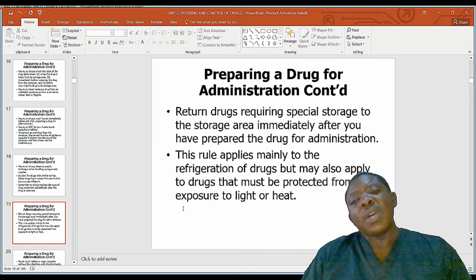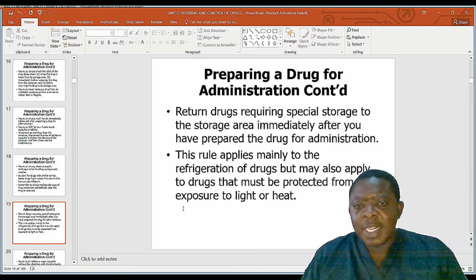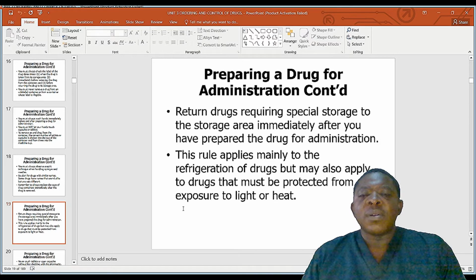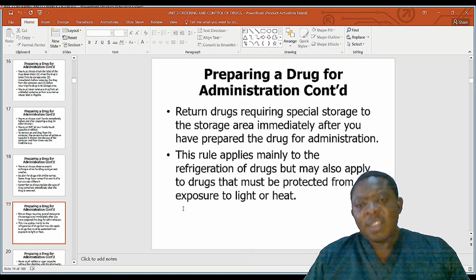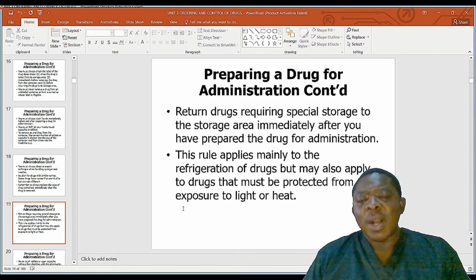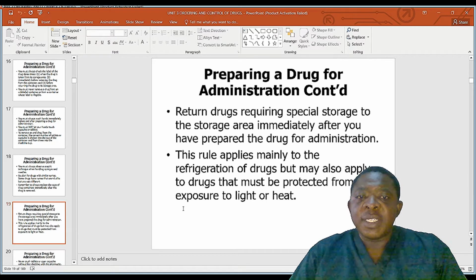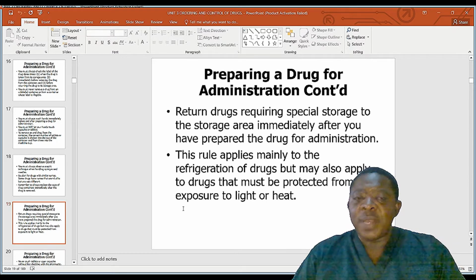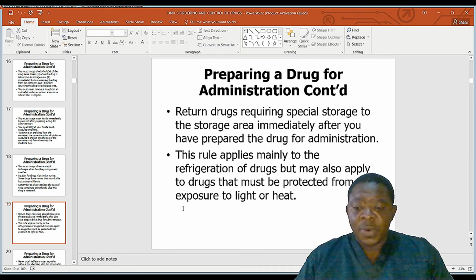Remember those drugs that you keep in the fridge, those that have to be kept refrigerated or whatever the case. So remember to put them in the right environment, because any change in temperature may affect their power or potency. So this rule applies mainly to the refrigeration of drugs, but may also apply to drugs that must be protected from exposure to light or heat.